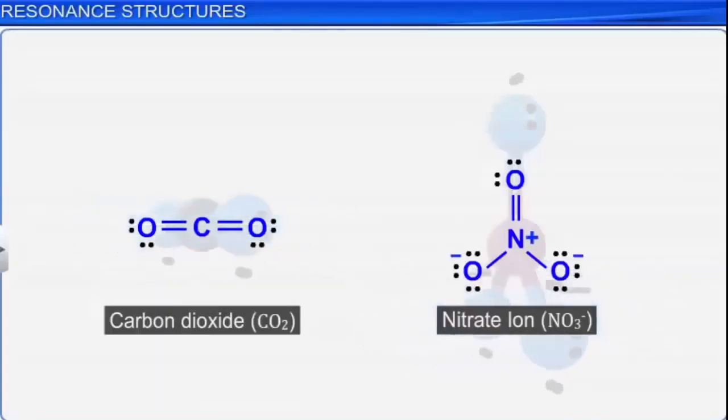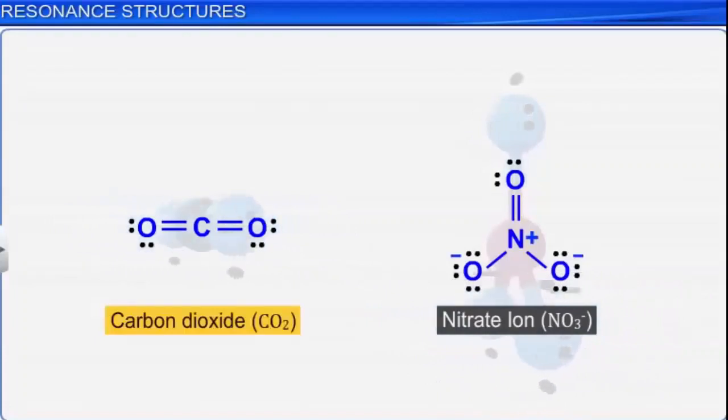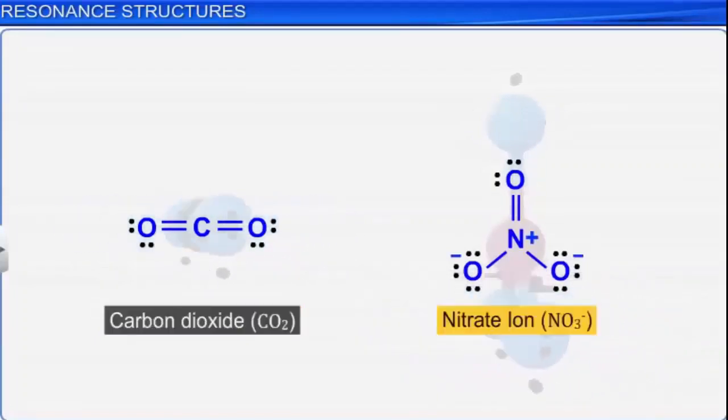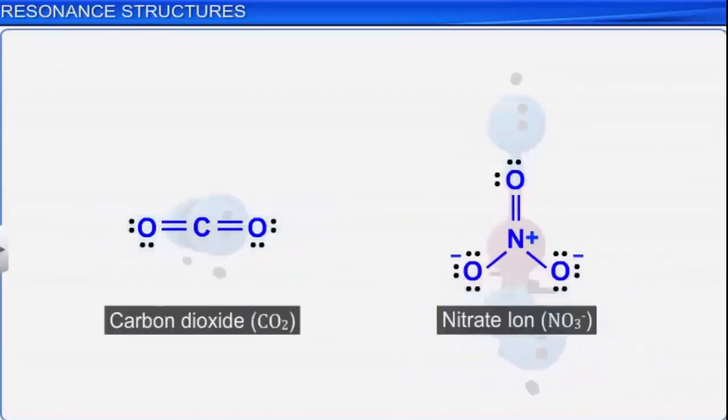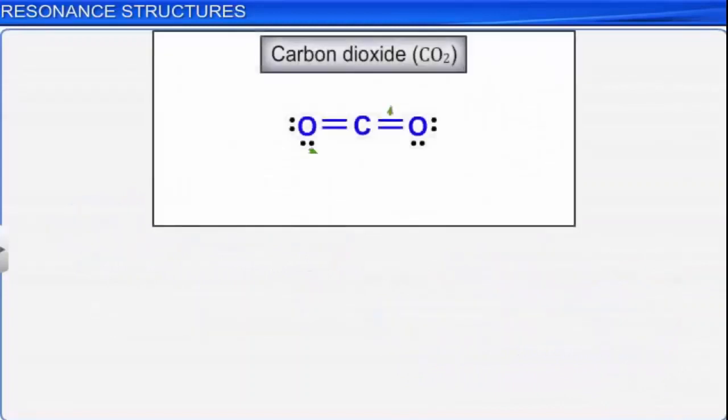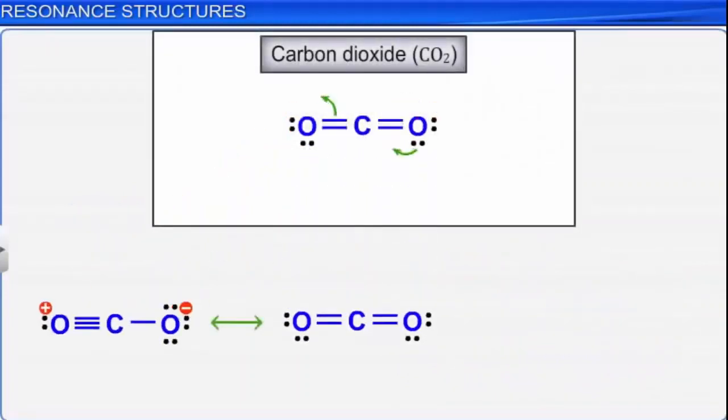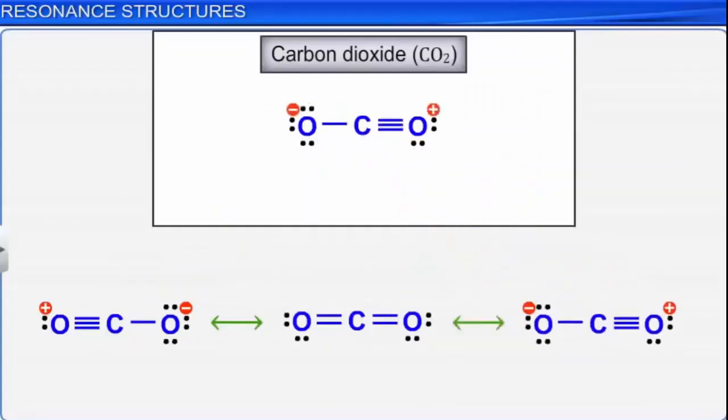Let us reinforce this concept by considering the possible Lewis structures of a carbon dioxide molecule and polyatomic nitrate ion respectively. We can represent a carbon dioxide molecule by the three following Lewis structures. None of the single structures explain the observed carbon-to-oxygen bond length, which is 115 picometers.